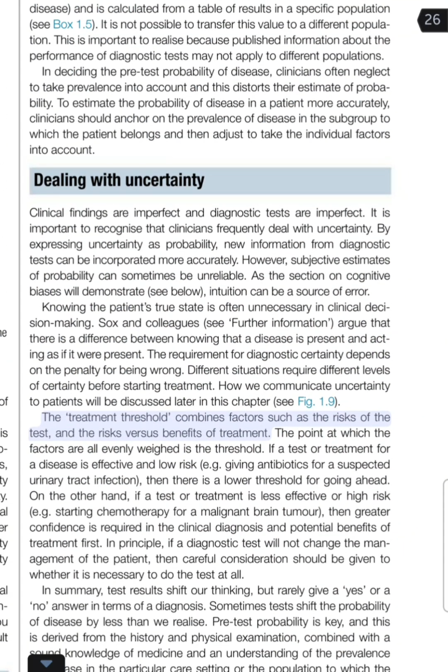The treatment threshold combines factors such as the risks of the test and the risks versus benefits of treatment. The point at which the factors are all evenly weighed is the threshold. If a test or treatment for a disease is effective and low risk, e.g. giving antibiotics for a suspected urinary tract infection, then there is a lower threshold for going ahead.